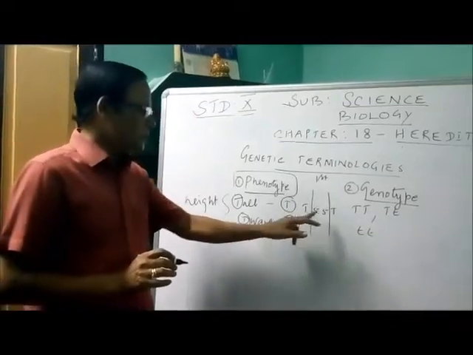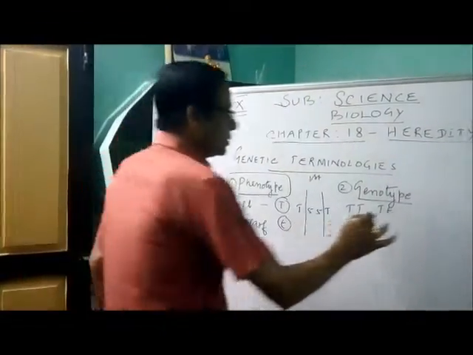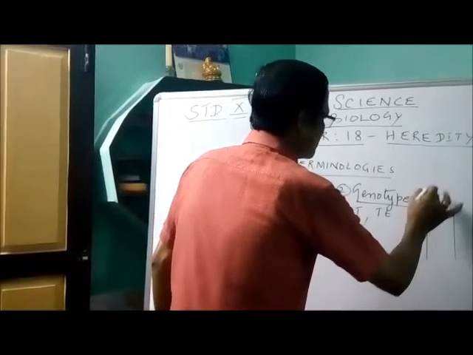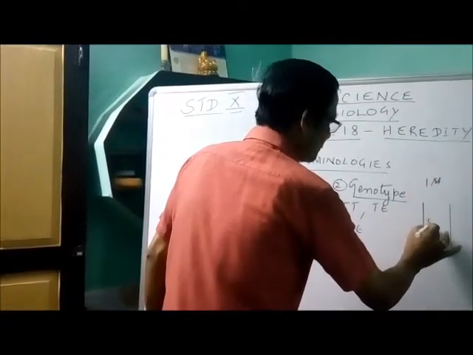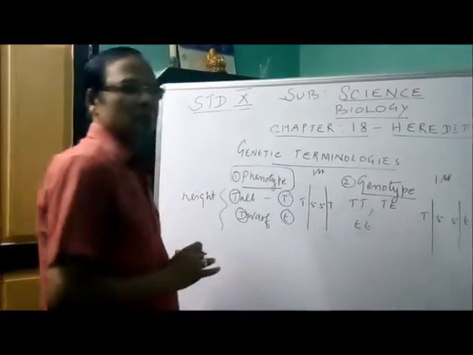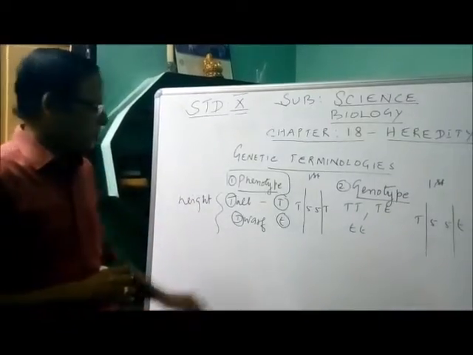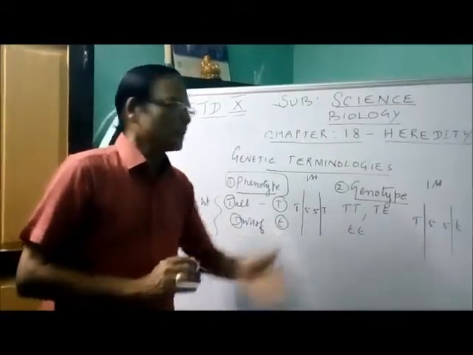Here the two genes in homologous chromosomes are similar. Sometimes the genes may not be similar, that is unlike. So this is alike and this is unlike.